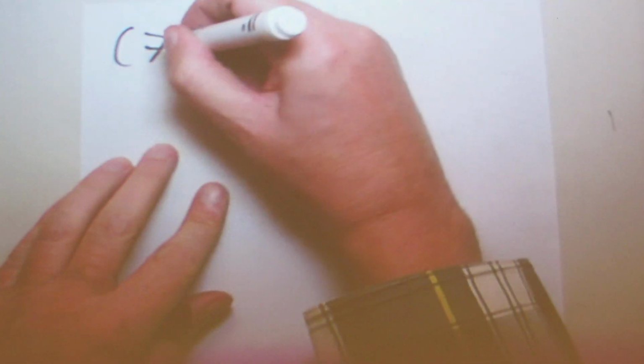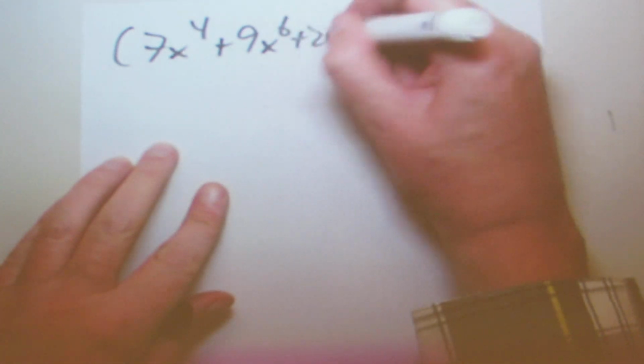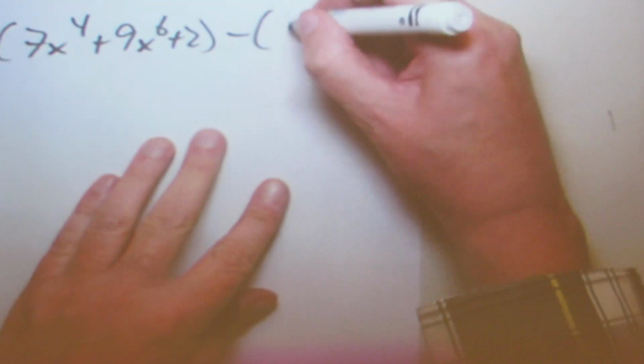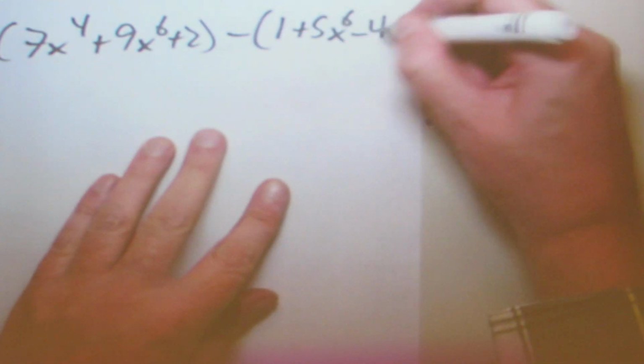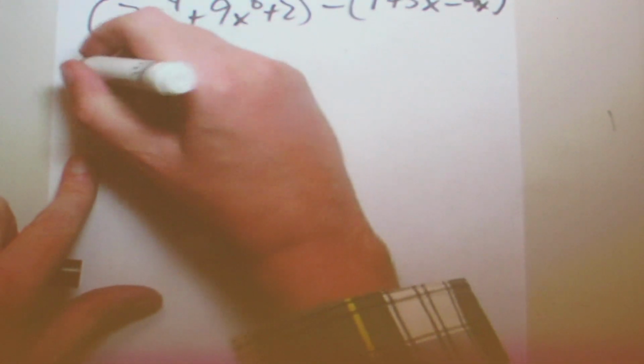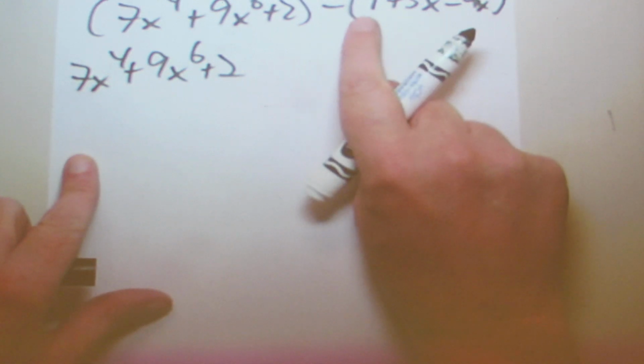Next, we're going to subtract two polynomials. Let's say that we have 7x to the 4 plus 9x to the 6 plus 2 minus 1 plus 5x to the 6 minus 4x to the 4. So what we're going to do is get rid of the parentheses for the first one. 7x to the 4 plus 9x to the 6 plus 2. On this one, since we're subtracting, everything is going to change the sign.